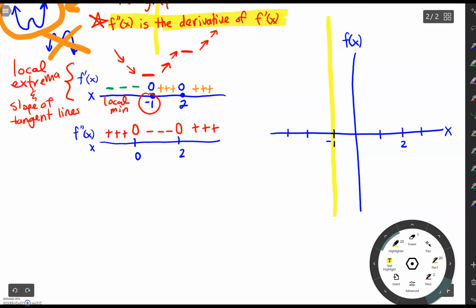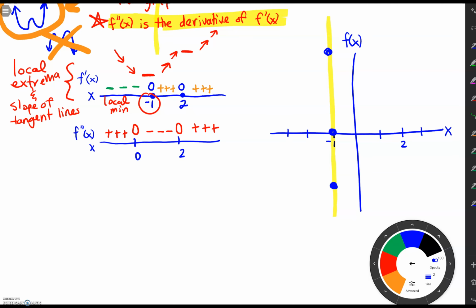So I can put my local min anywhere on that horizontal line that lines up with x equals -1. So I'm just going to really exaggerate and place it way down here. Again, I could have placed it up here, or right on the x-axis, anywhere along that horizontal line. But I'm going to place it down there.